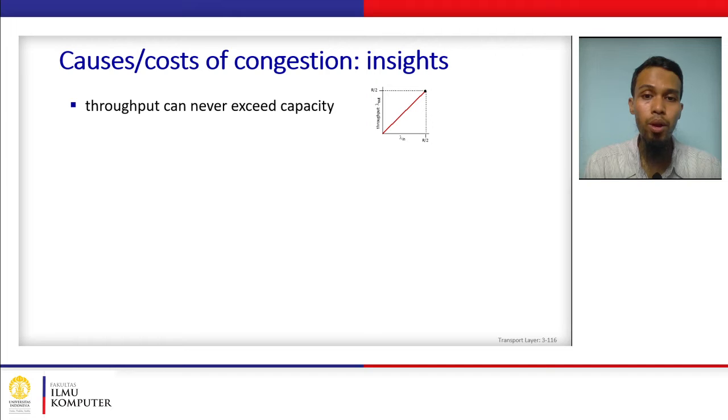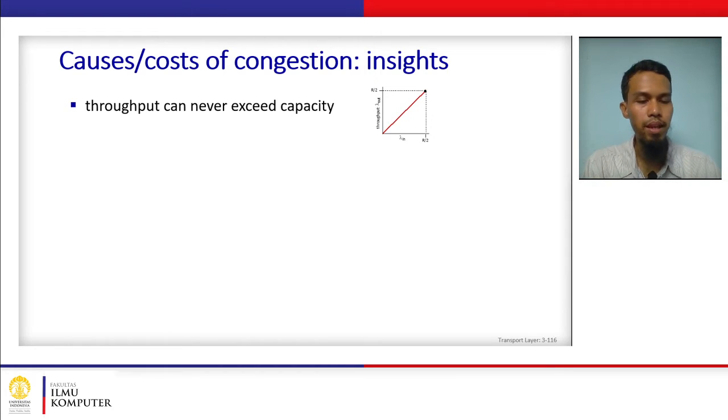When we start sending packets to the network, the throughput starts to increase. But as the number of packets increases and approaches the maximum capacity, after some time we cannot increase the throughput anymore.